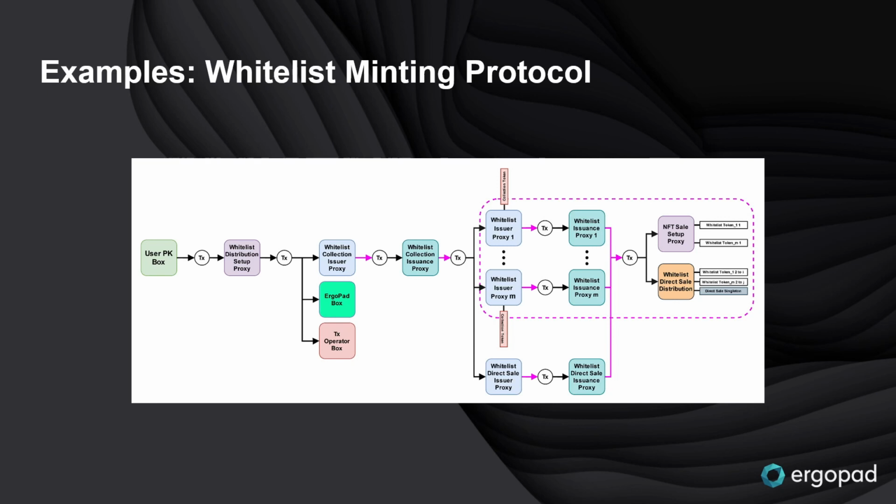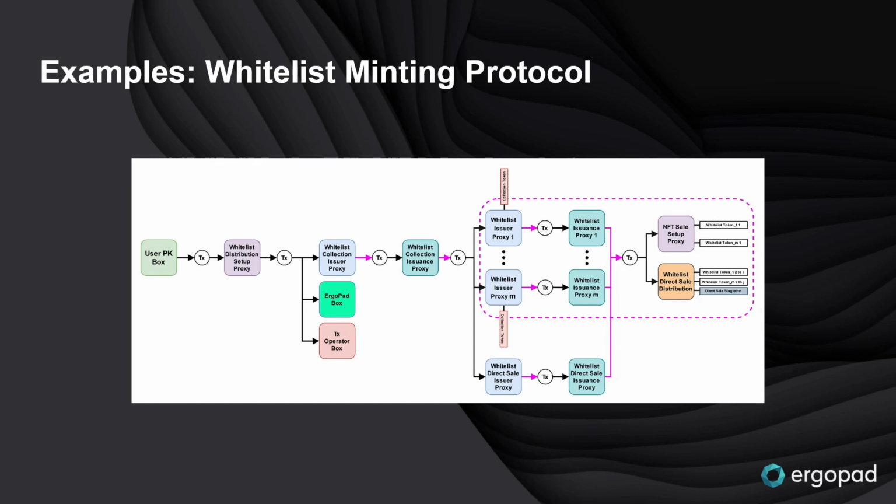And we used parallelization because we were able to create multiple whitelist tokens. So it branches off from the first transaction. Since only one token can be minted per transaction, we mint the issuer token and the whitelist tokens each in their own transactions, and then the pink means that it's chained, so the output gets subsequently used right away as an input.